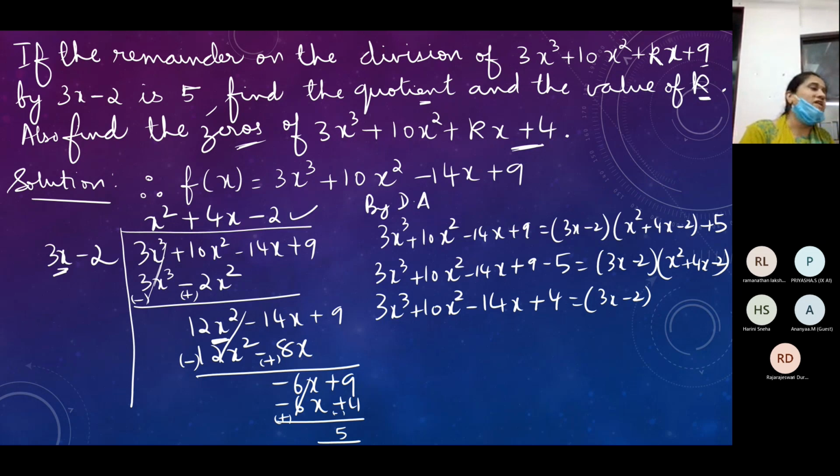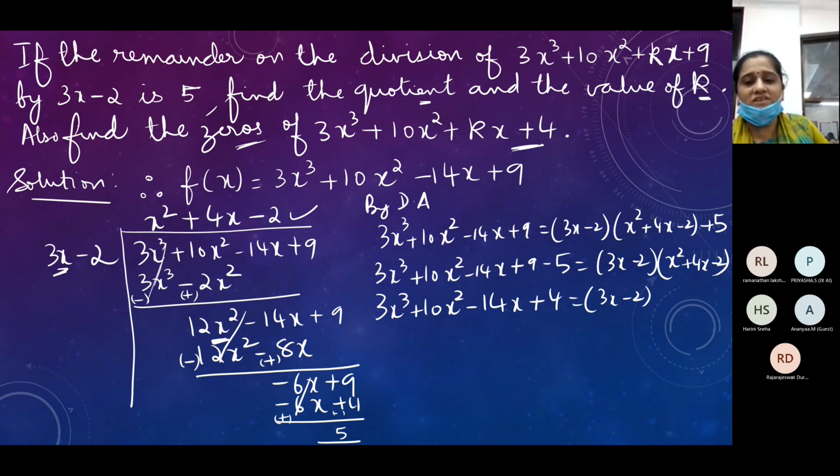Now, children, have we found the value of k using the remainder theorem? Yes. Did we find the quotient using the long division? Yes. What's the third thing? Find the zeros of a different polynomial, which has plus 4 in the end. So we use the division algorithm, we transpose the remainder and we got plus 4. Yes or no?